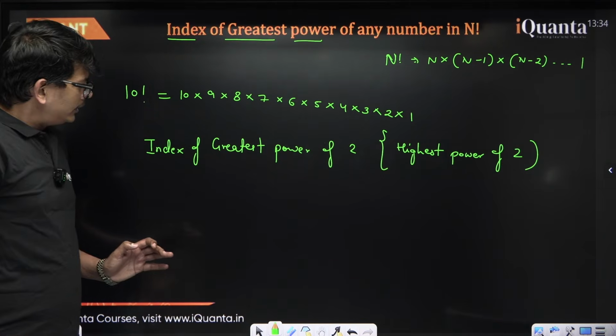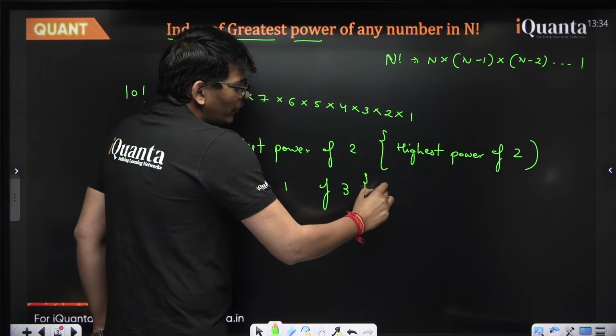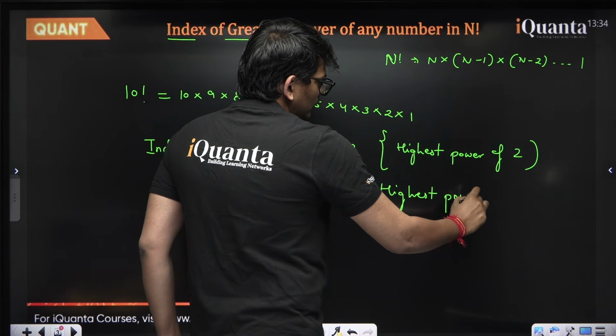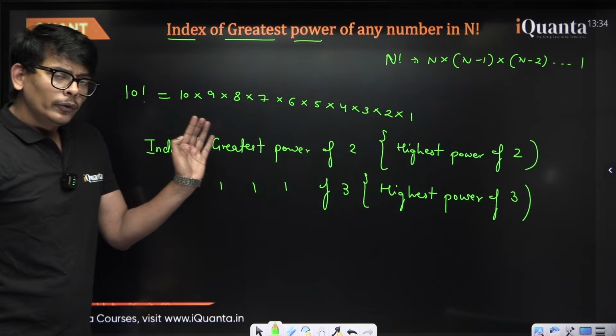Similarly, if I say index of greatest power of 3, it means we are looking for the highest power of 3. So let's try to do this manually first.